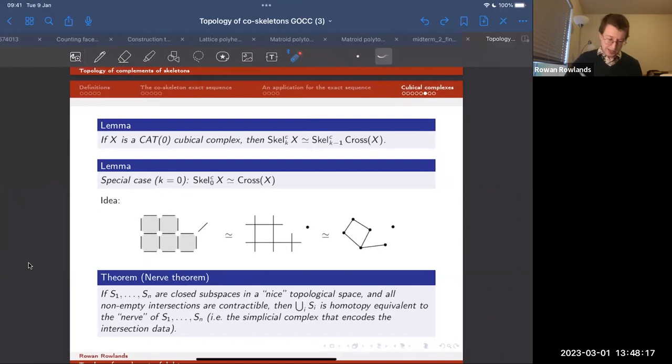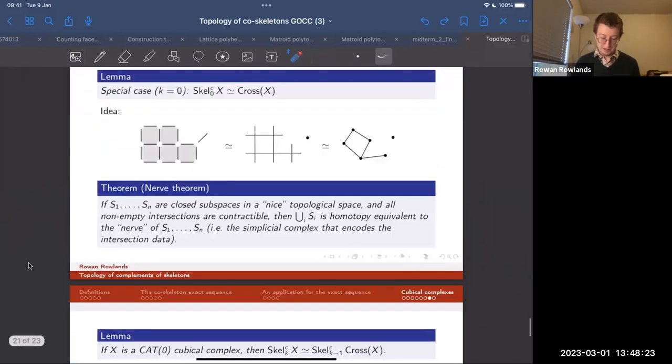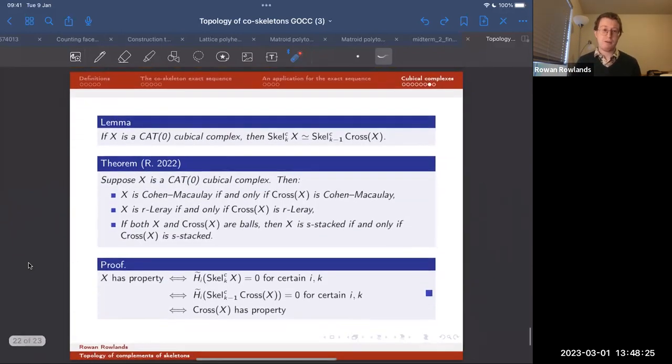All right, so I call this result a lemma because there's actually a consequence of this lemma that I care more about. To wrap up this talk, I'm going to tie together the two strands of ideas we've been talking about, this CAT(0) cubical complex stuff, and also the theorem we had about Cohen-Macaulay and other similar properties for polytopic complexes.